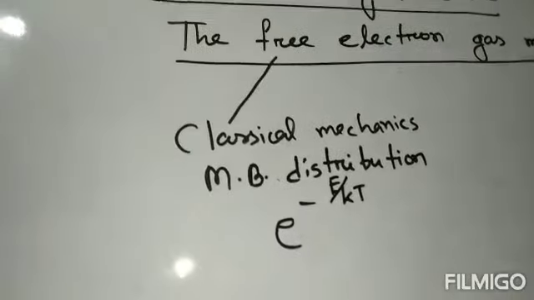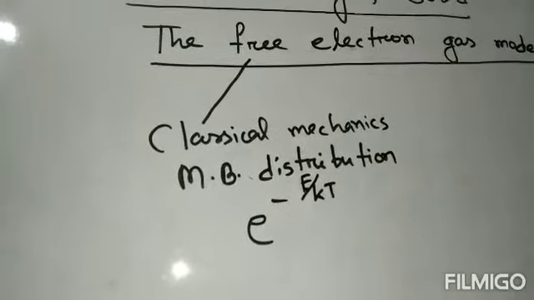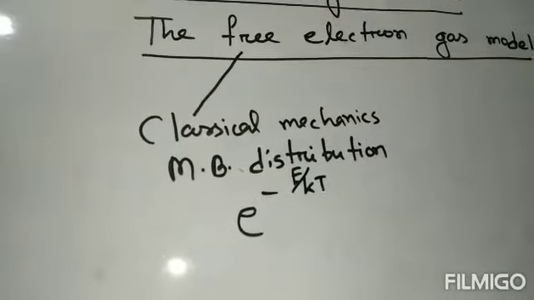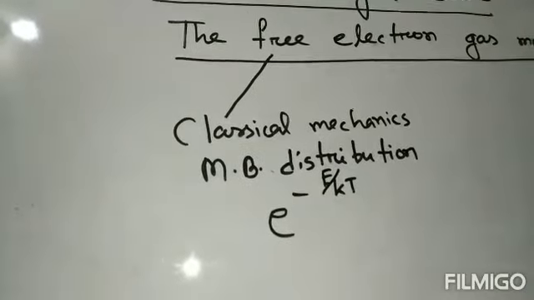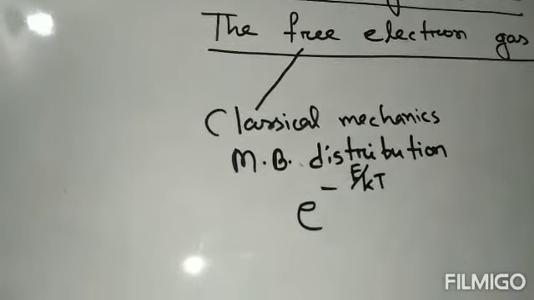But by using this distribution, we cannot explain all properties of the free electron gas, because electrons are fermions and they are distributed in different energy states.